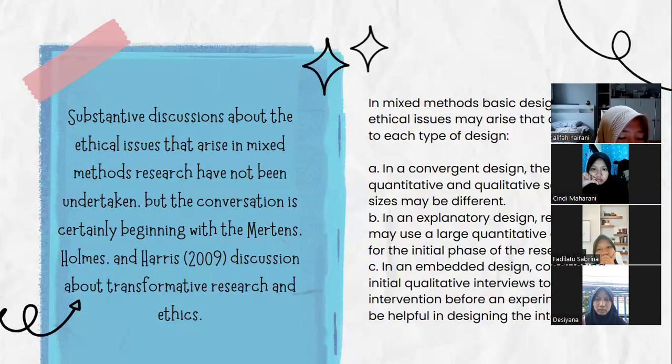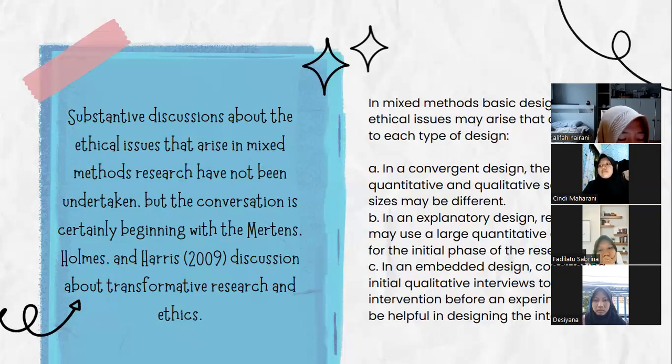The second one is that researchers may use a large quantitative database for the initial phase of the research. In order to follow up with these individuals with qualitative interviews, there needs to be an identifier linked to the quantitative database.